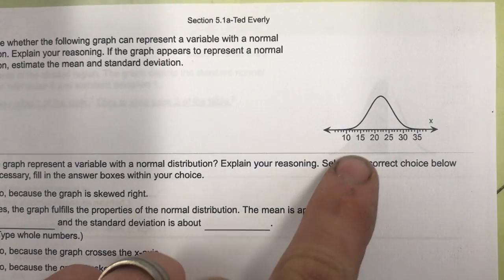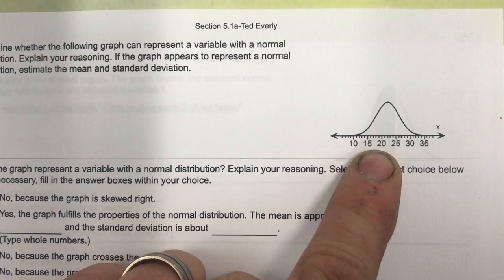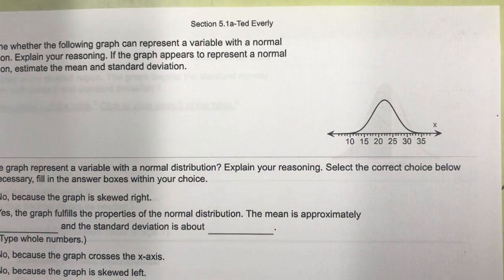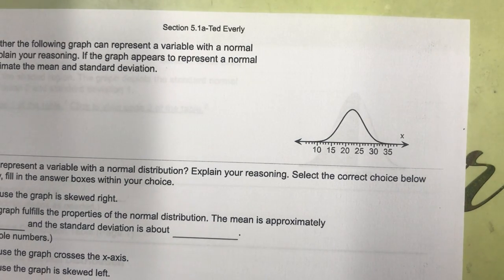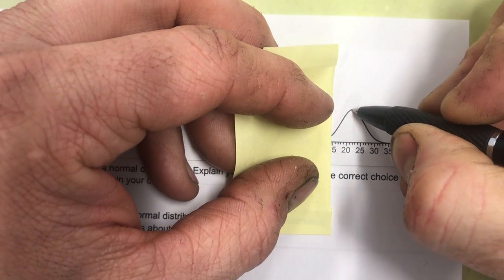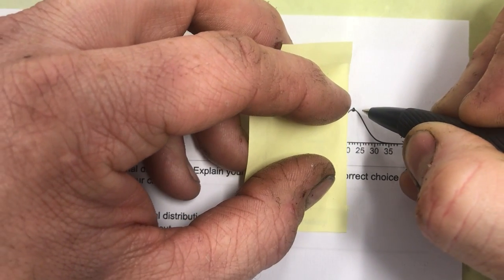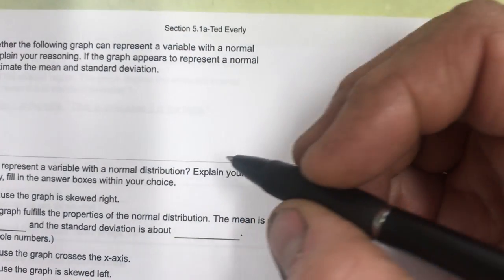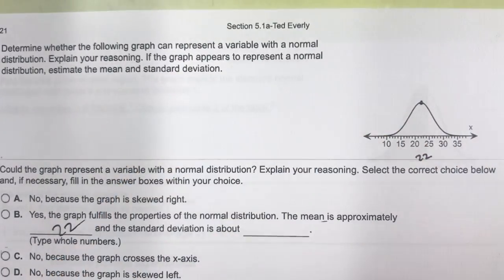Okay, what about this one? Could this be a normal? Yes, I think this one's okay. Because see, it's symmetric. It does not cross the axis. And if I get my little paper here, and right at the very top, okay, it looks like maybe 22. So the mean's approximately 22.